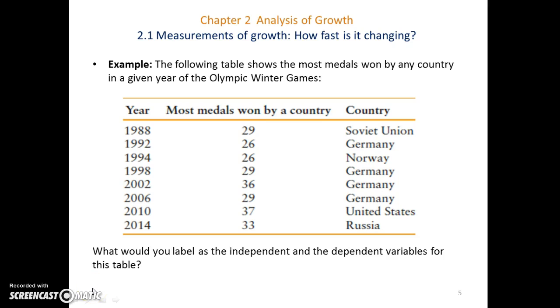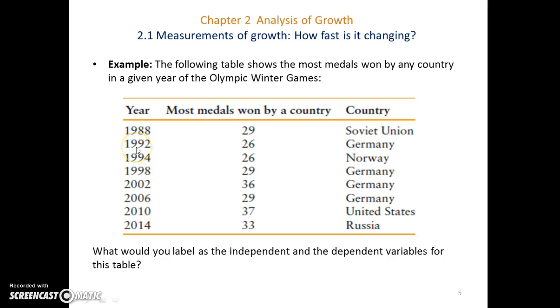The first thing that we need is a function. What would be our function here? Let's try something. Let's try having country as the independent variable and most medals won by a country as the dependent variable. One problem with this is that Germany has several years where it won the most medals in the Winter Olympics.